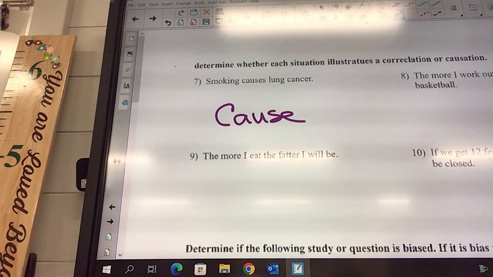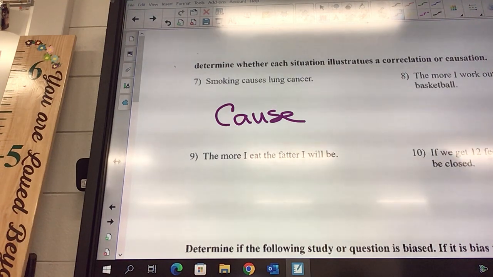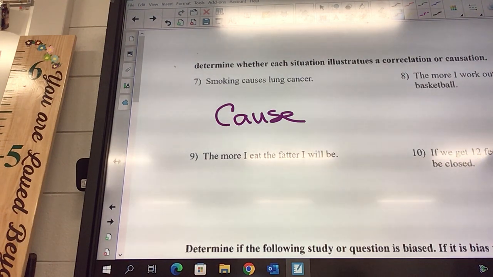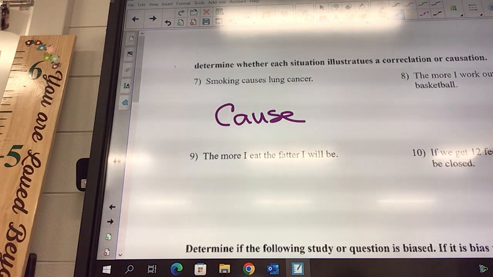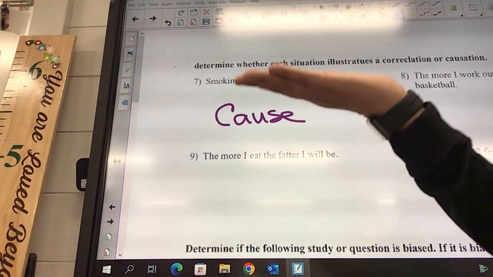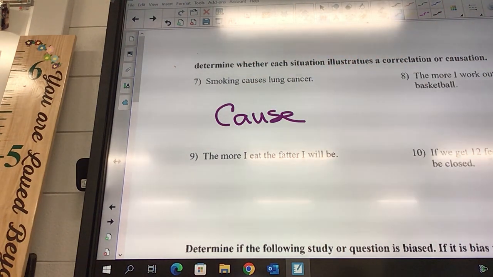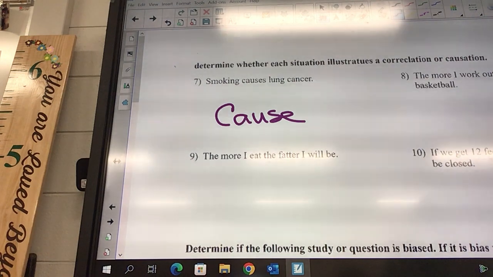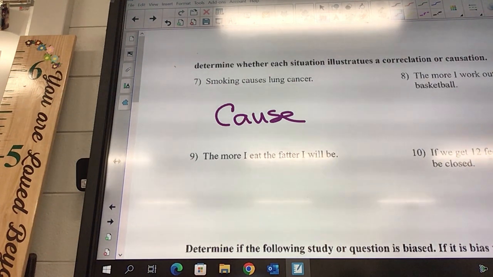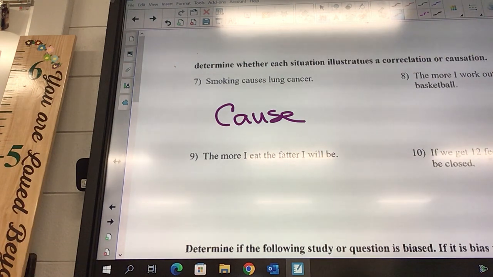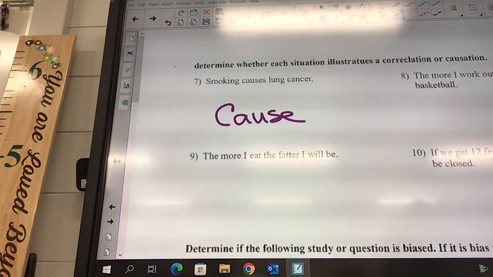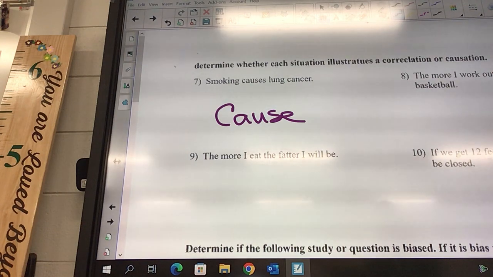The more I eat, the fatter I will be. Not necessarily. Why? People have a higher metabolism. When you are younger, especially for females, you can eat a lot more than when you get older. As soon as you hit about 30, your metabolism starts slowing down.